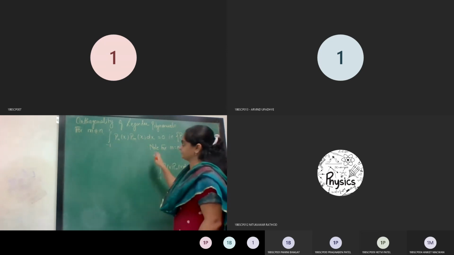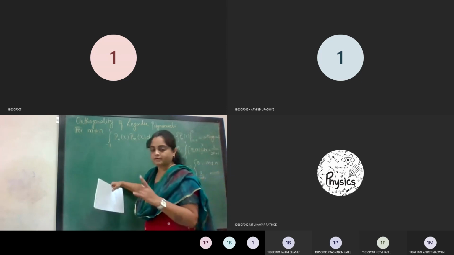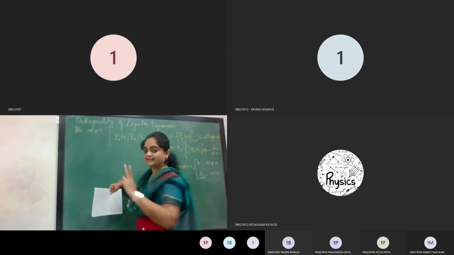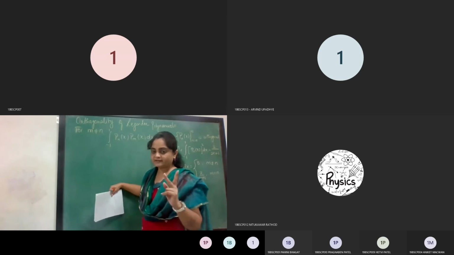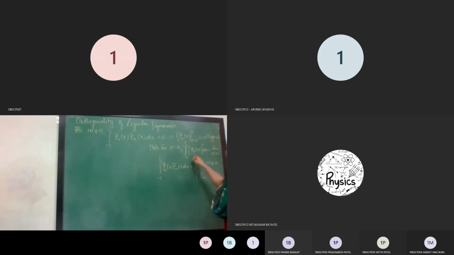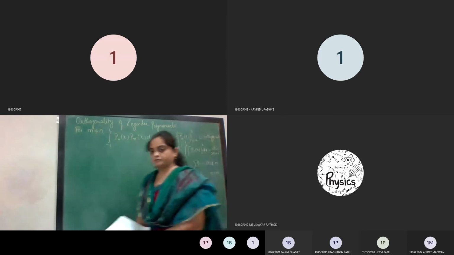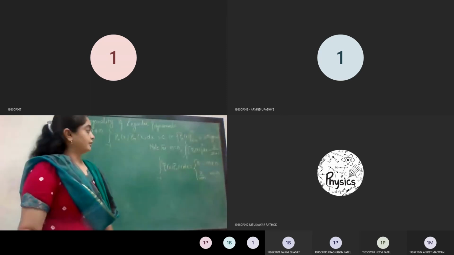We will try to prove this orthogonality in two portions. First, when m is not equal to n, and then we will consider m is equal to n. At that particular time, we will try to show that this is equal to this. So both the statements combinedly written as this one. Okay. So let us start with the case when m is not equal to n.